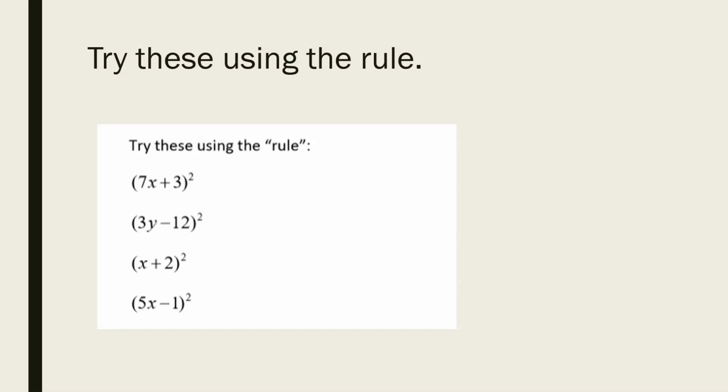All right, so let's try these using the rule. And here are the rules for you again. It'll be a squared plus 2ab plus b squared, or a squared minus 2ab plus b squared. Here's my a, here's my b. So a squared, 7x squared, becomes 49x squared.